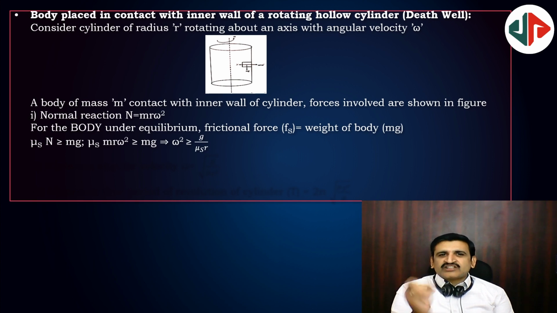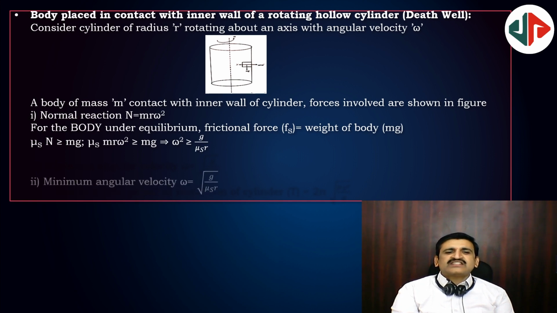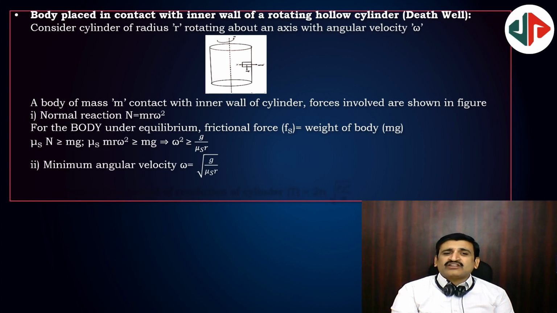Mg is downwards, friction will be upwards, so that friction balances this mg. So omega square should be greater than or equal to g by mu s r. Static friction, because we are not allowing it to slide down, so omega square is greater than or equal to g by mu r. Omega equal to square root of g by mu r.